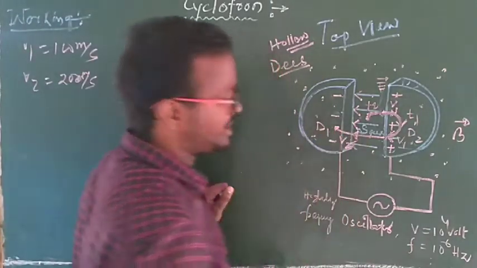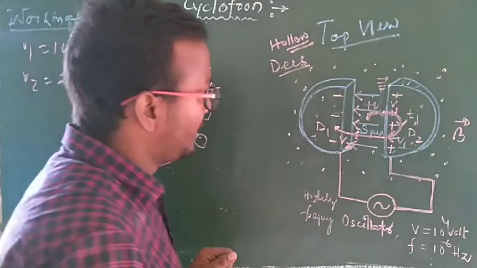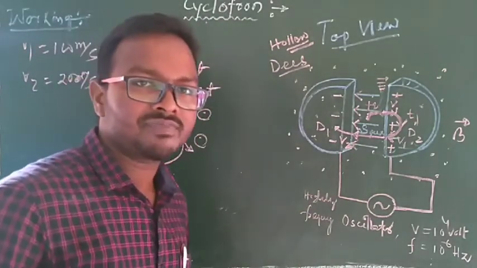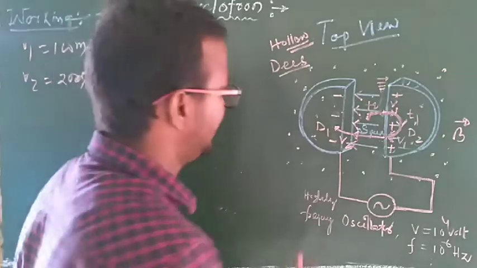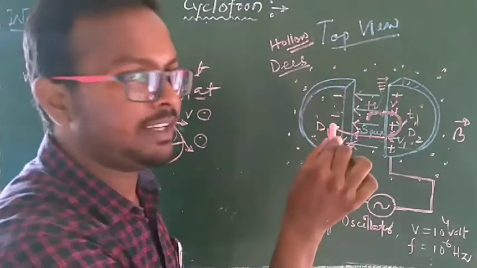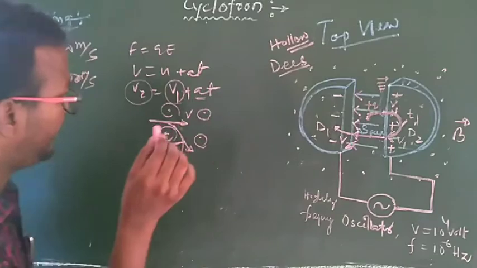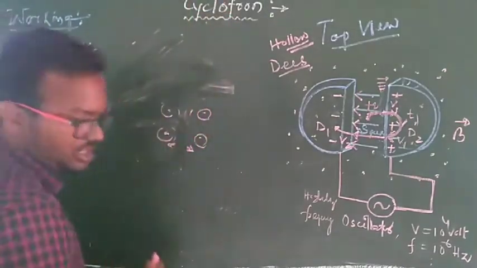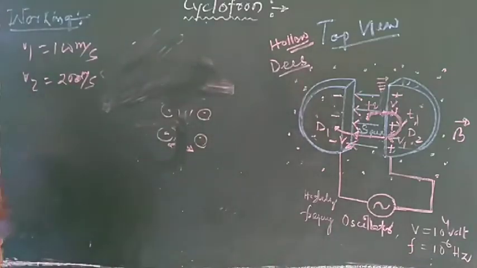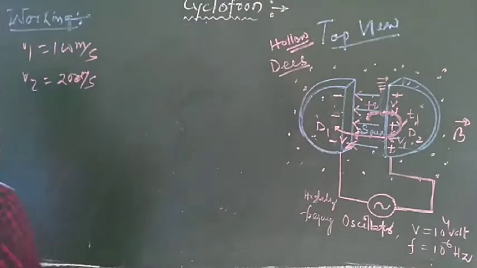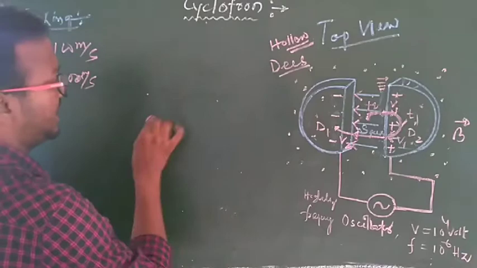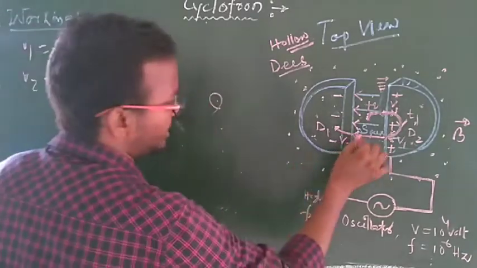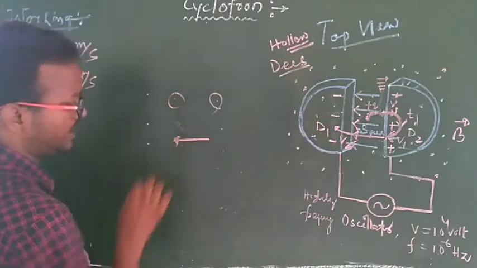So now in this case also the charged particle describes a semicircular path. The charged particle enters the magnetic field in the perpendicular direction with velocity V2, and the magnetic field is coming in the outward direction. So here the charged particle enters in this direction.